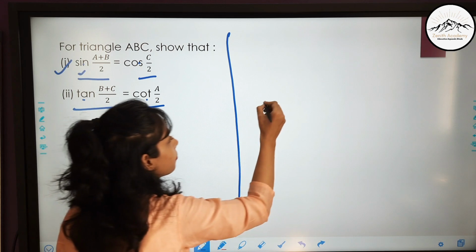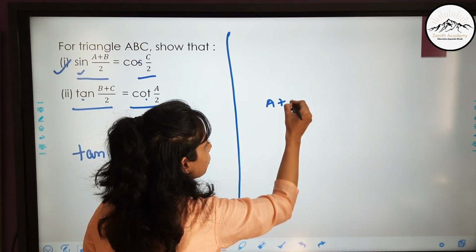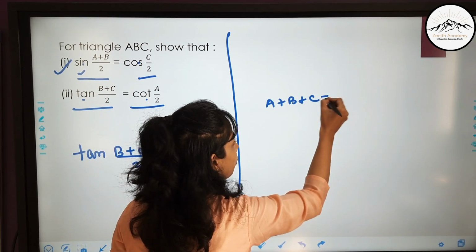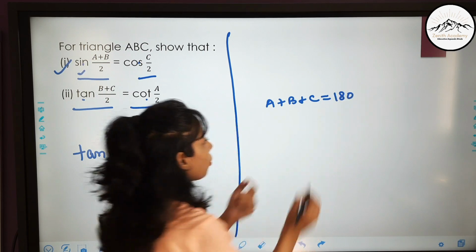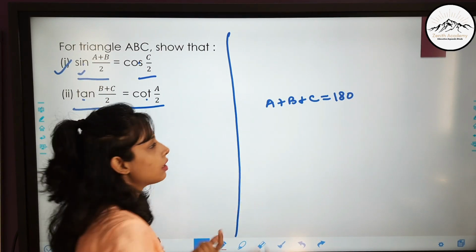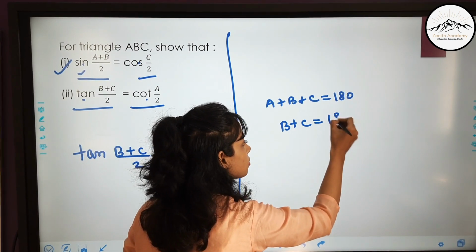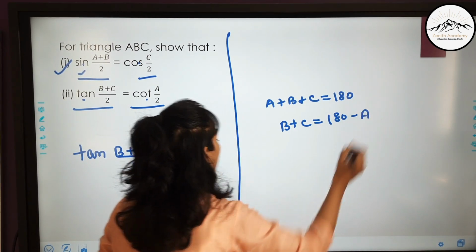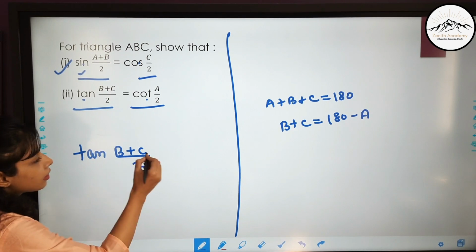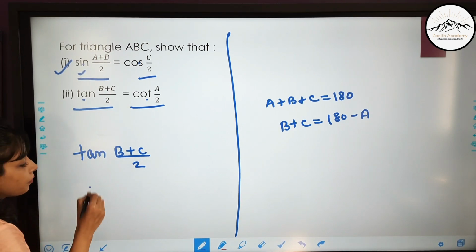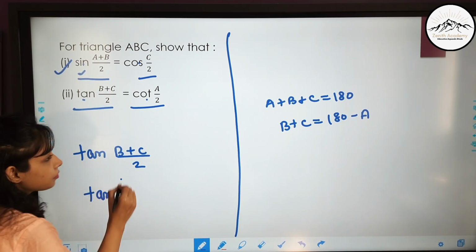For triangle ABC, we knew A plus B plus C was equal to 180 degrees and we wrote A plus B is equals to 180 minus C. In a similar way, we can write B plus C is equals to 180 minus A. So tan B plus C by 2 will be what?